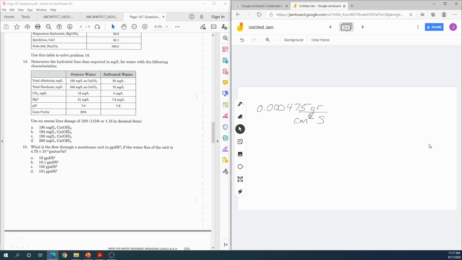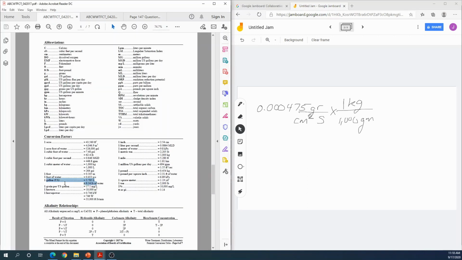So first thing I want to do is convert the grams into kilograms. That's going to be a straightforward conversion. We know that there are 1,000 grams in 1 kilogram. Now the reason I'm doing this is I'm going to convert from pounds to kilograms.